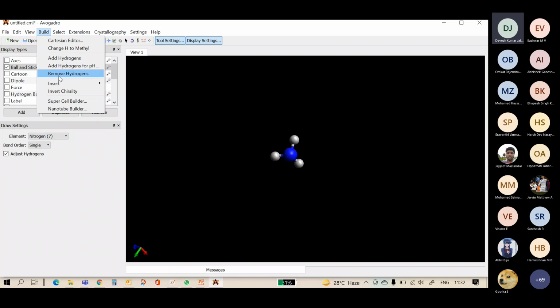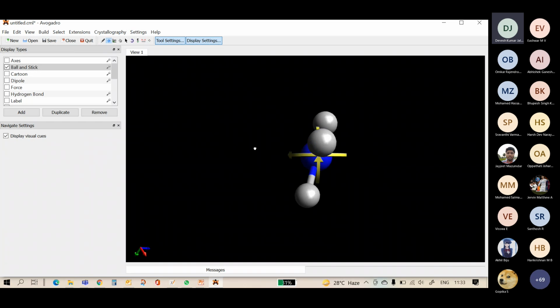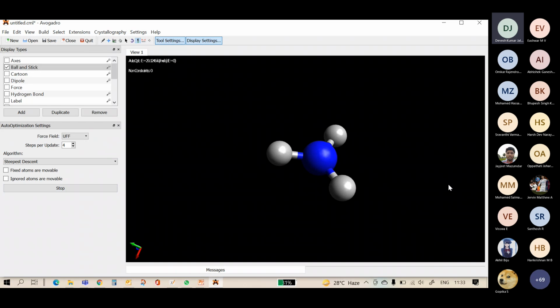I go to build and remove hydrogens. So there's only nitrogen here. So I'm going to add hydrogens: 1, 2, 3. Okay, we know that this is not the ammonia structure, so I'm going to minimize it. I go here, I start it, and it's minimized. Done. Okay, so it's pretty fast.